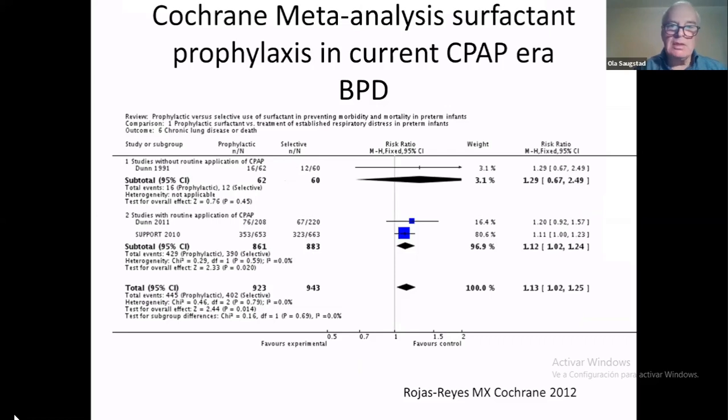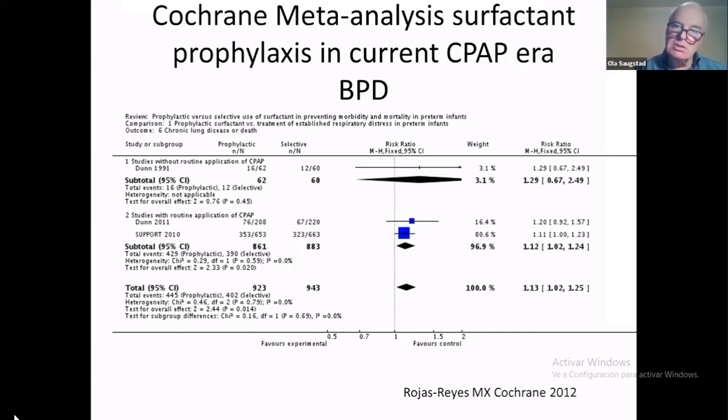And this is a review, which I guess most of you know, the Cochrane review by Rojas-Reyes from 2012, when they analyzed the effect of prophylactic versus more selective use of surfactant.